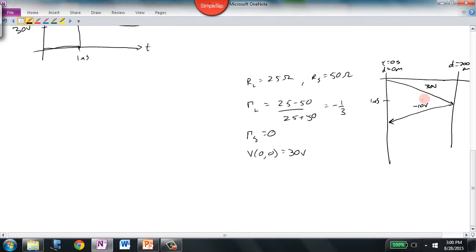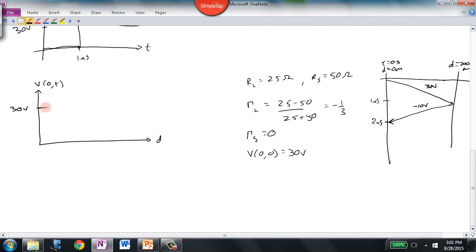So if we were to translate that into our plots for voltage at the input end as a function of time, we see that the voltage at the input end is 30 volts initially. It remains 30 volts until the first reverse voltage wave reaches the input end, which is at 2 microseconds.